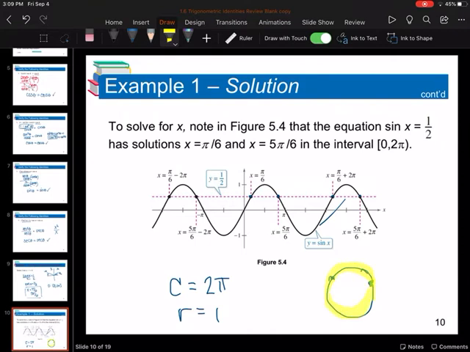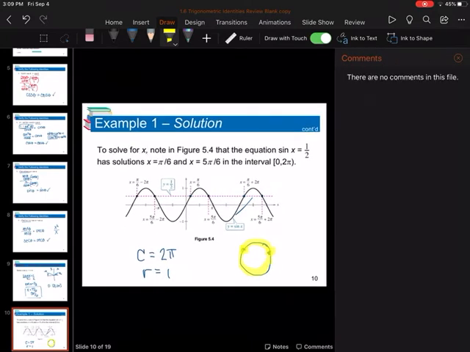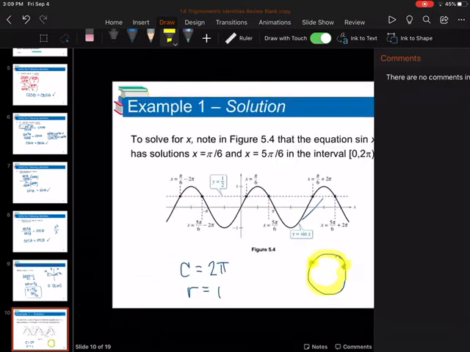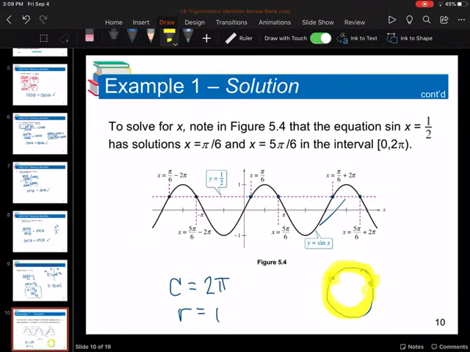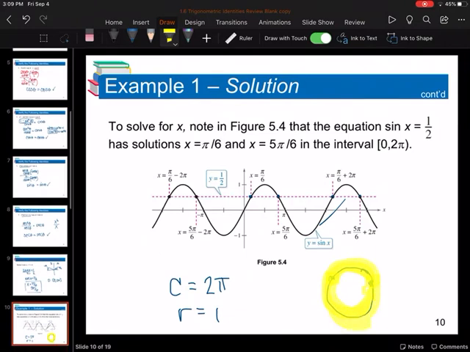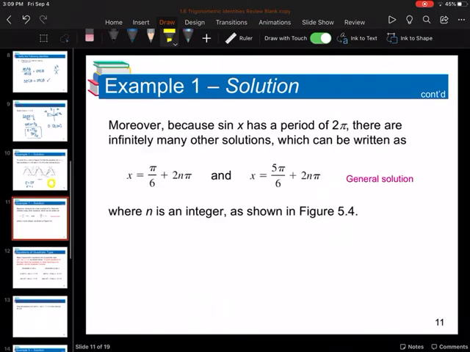On the second trip, we hit it again and again. So we account for those multiple hits by adding 2n pi to each answer, where the n represents the number of trips we make around the unit circle.